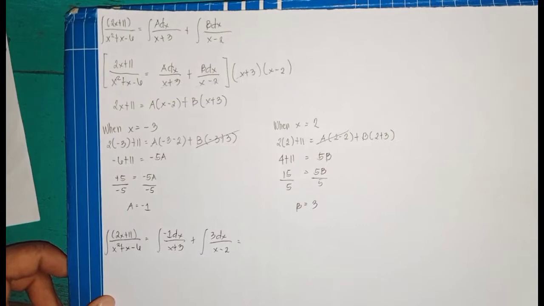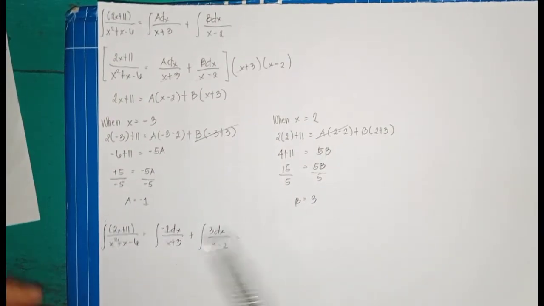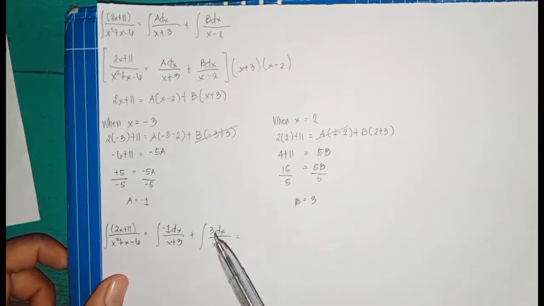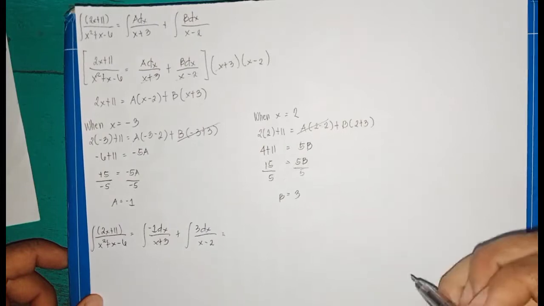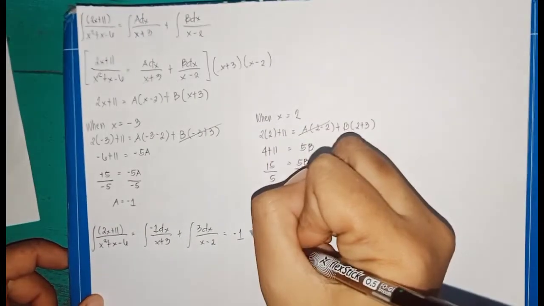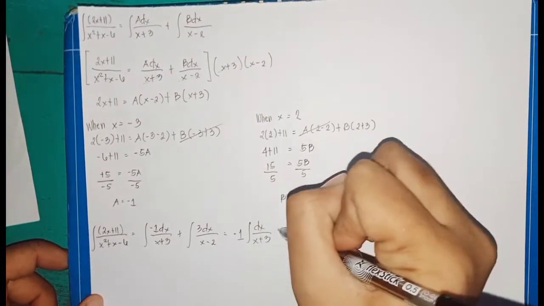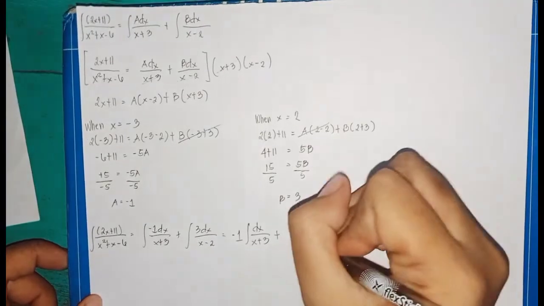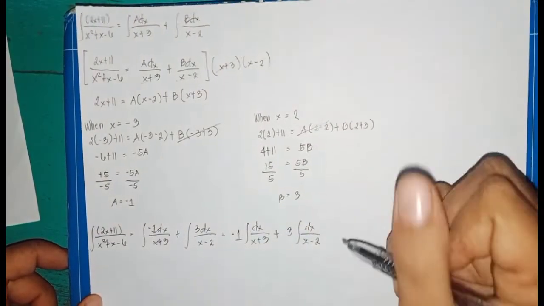Okay, so the constant here, we put it outside. So what happens is negative 1 times the integral of dx all over x plus 3 plus the constant 3 times the integral of dx all over x minus 2.